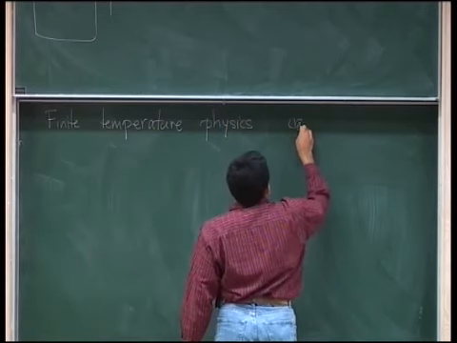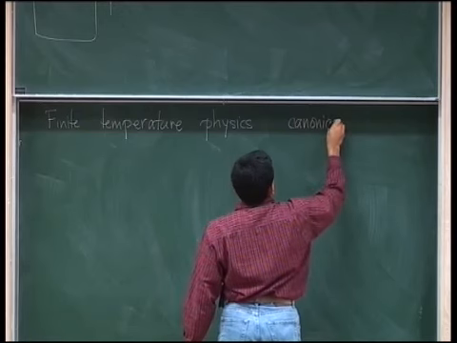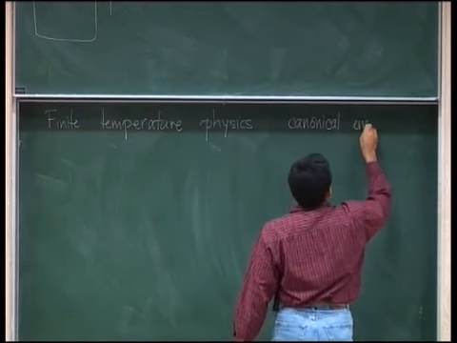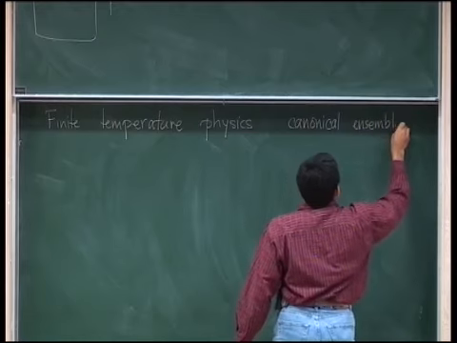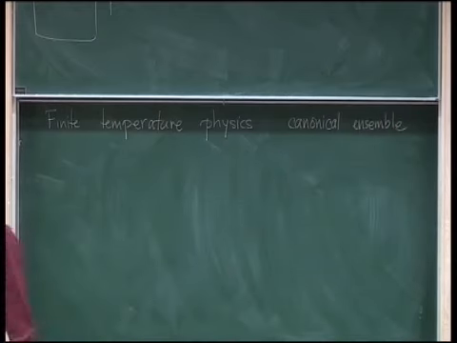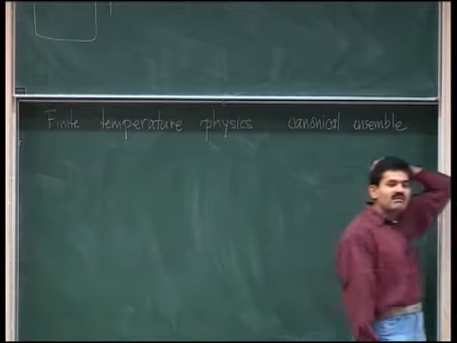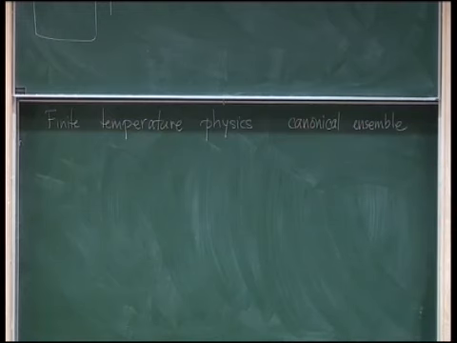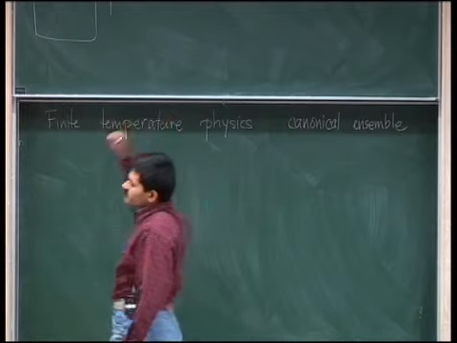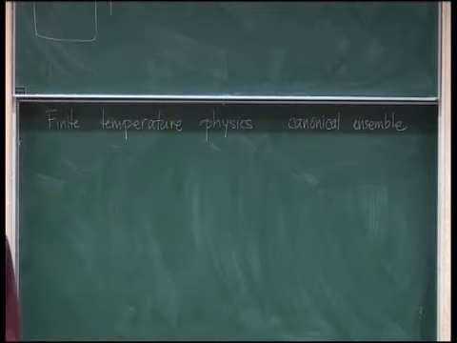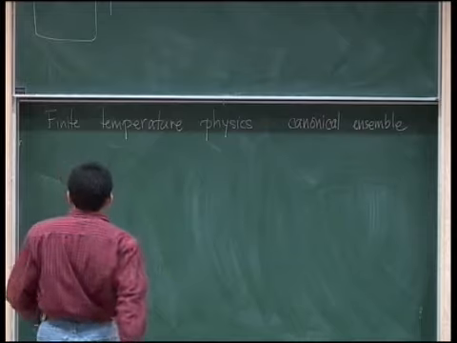That is, I'll work in a canonical ensemble and I want to know what are the relevant geometries I need to consider if I want to figure out what the physics of N equals 4 Super-Yang-Mills at any finite value of temperature is. Okay.